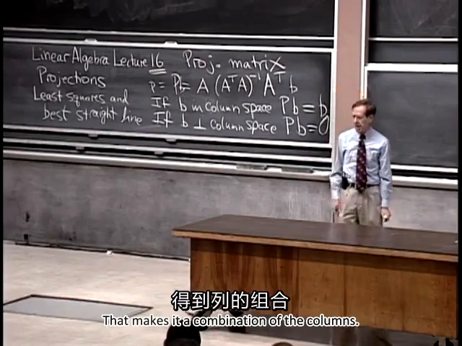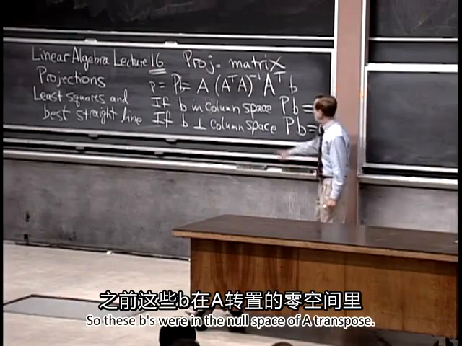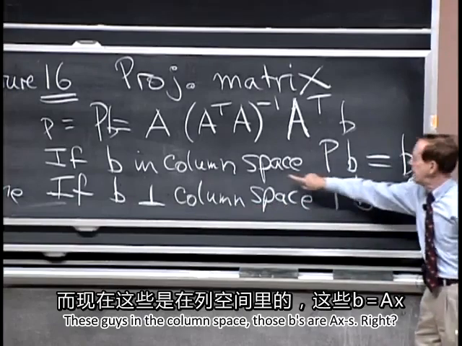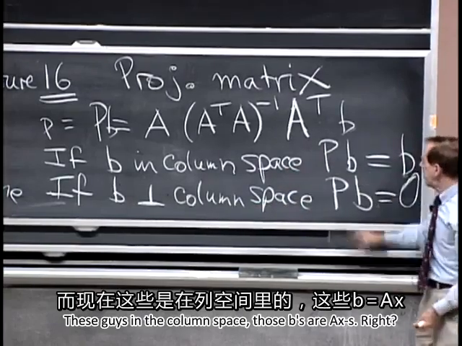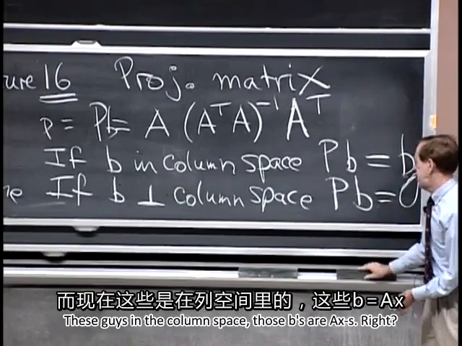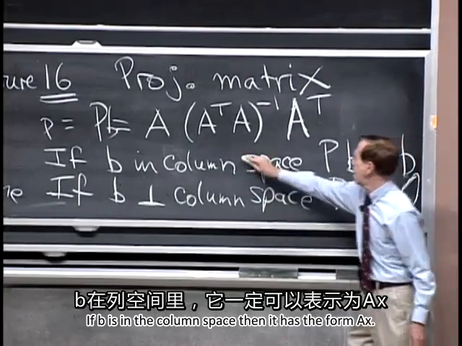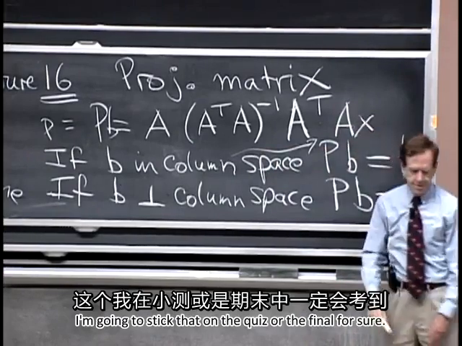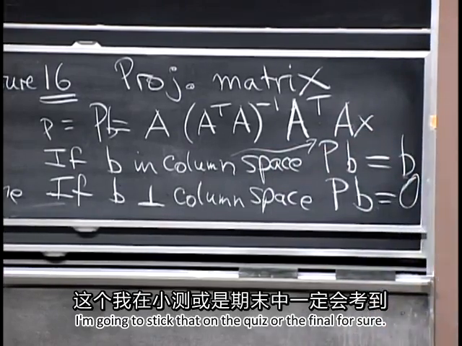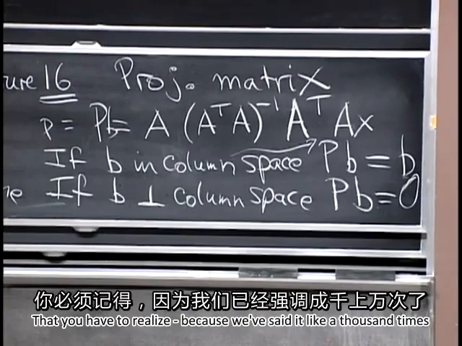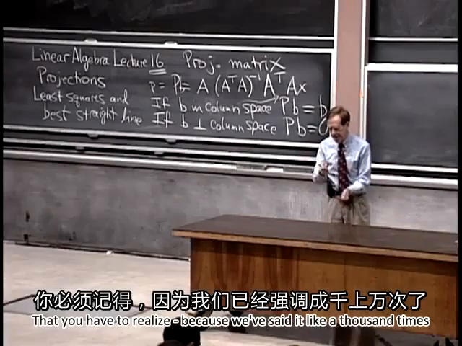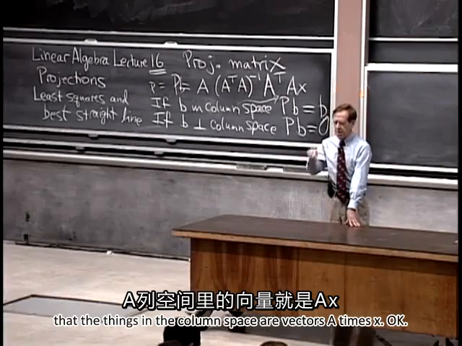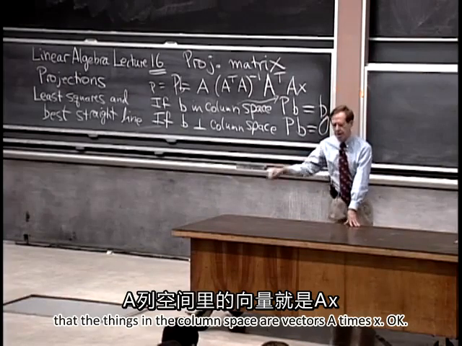That makes it a combination of the columns. So these b's were in the null space of A transpose, and these guys in the column space, those b's are Ax's, right? If b is in the column space, then it has the form Ax. I'm going to stick that on the quiz or the final for sure, that you have to realize, because we've said it like 1,000 times, that the things in the column space are vectors A times x.